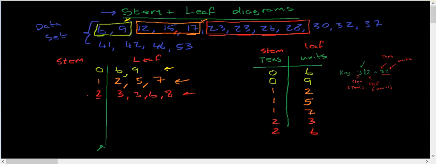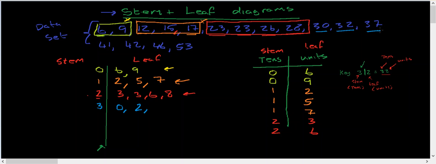So then if we take, let's say, the number 30, we're going to have a new stem, which is 3, and it has 3 tens, so the 3 here represents the 10, and it has 0 units, so we put in a 0 here. We have 32, so again it has 3 tens and 2 units, so we put our 2 in here.